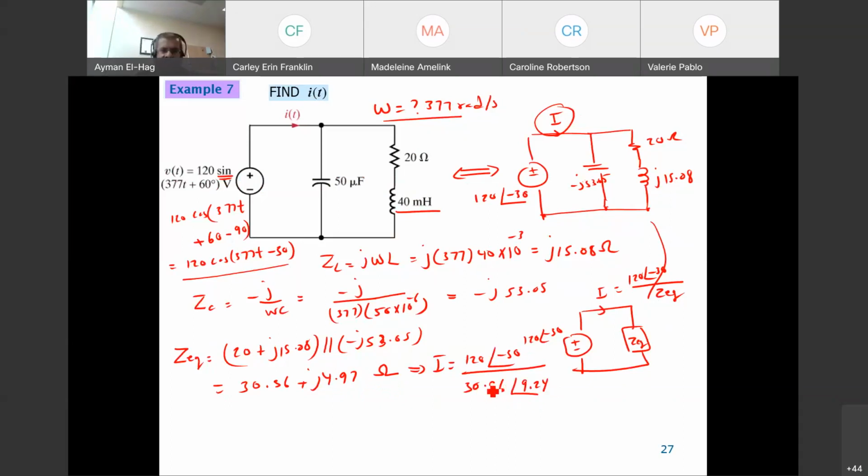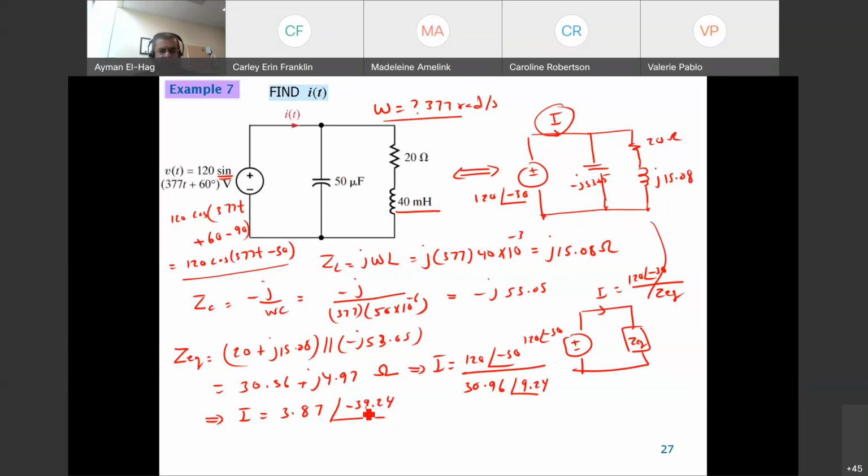Now with this, your I will equal, we divide the real numbers together, 3.870, and the angle will be equal to minus 39.224.